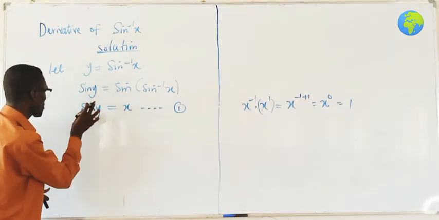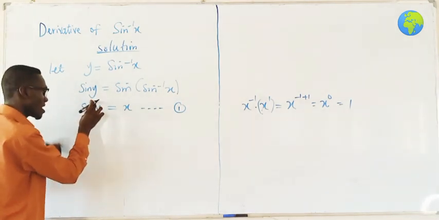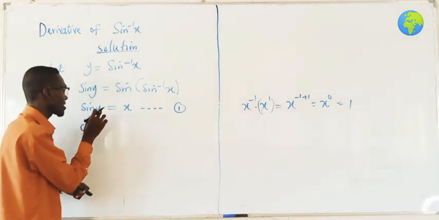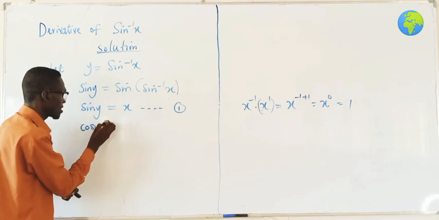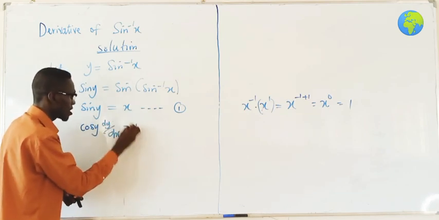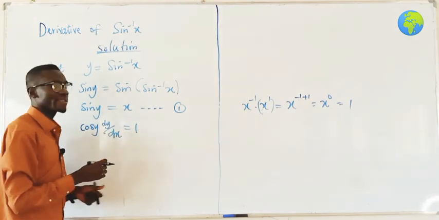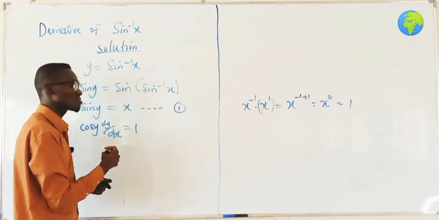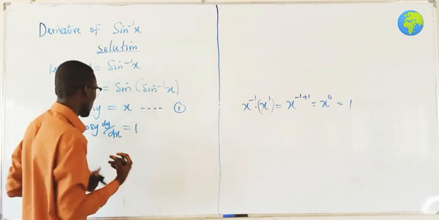Differentiating implicitly, the derivative of sine is cos. So you write your cos y, but you have to multiply by the derivative of y, which is dy dx. The derivative of x is what? 1. In case you are not familiar with implicit differentiation, I have a video already on implicit differentiation, but I'll still make more so you understand it very well.